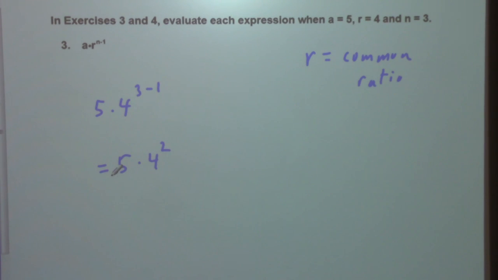So geometric relations really correlate quite well with exponential functions. So what you have is 5 times 16, and that's going to be, is it 80? Yep. That's going to be 80, okay? So we're going to be doing things like that.